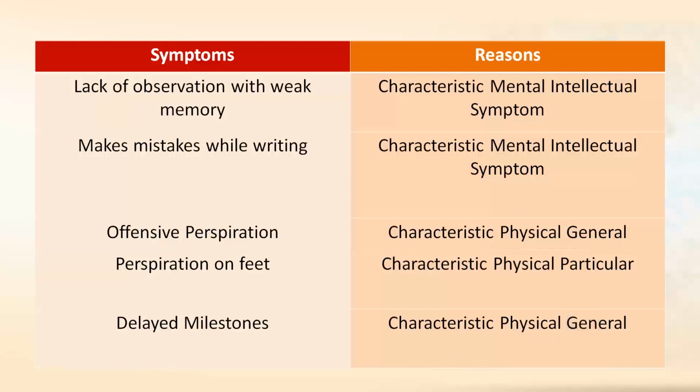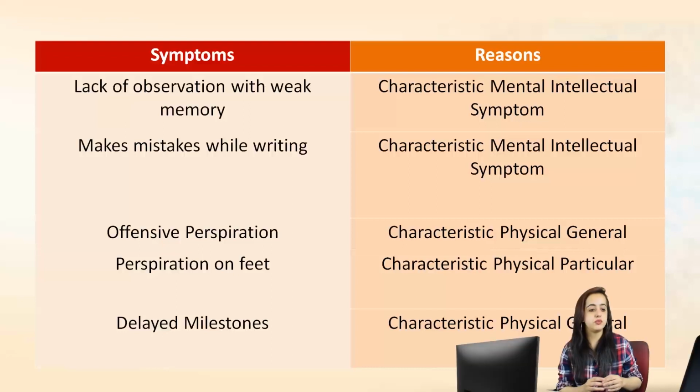Lastly, we have considered delayed milestones as an important symptom, as we saw that during case taking we came to know about certain important symptoms which were pointing towards delayed milestones. But even though it is a physical general, we've taken it at the end of our totality so that we can use it as a differentiating feature when we arrive at a remedy. Let us now have a look at the conversion of these symptoms into rubrics.